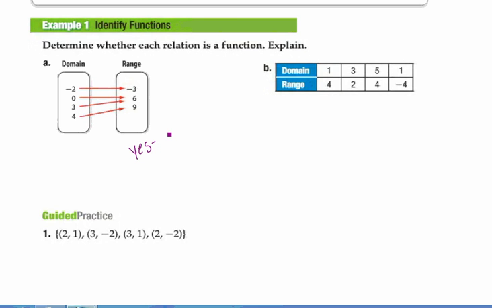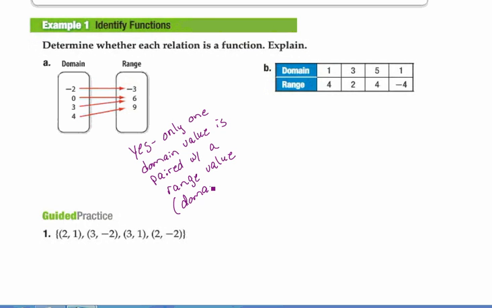And we are going to say why, because only one domain value is paired with the range value. Okay, domain didn't repeat. Might be a better way to explain that.